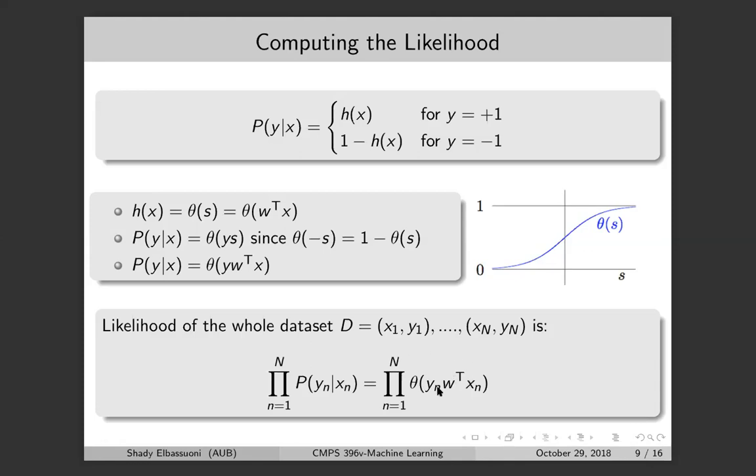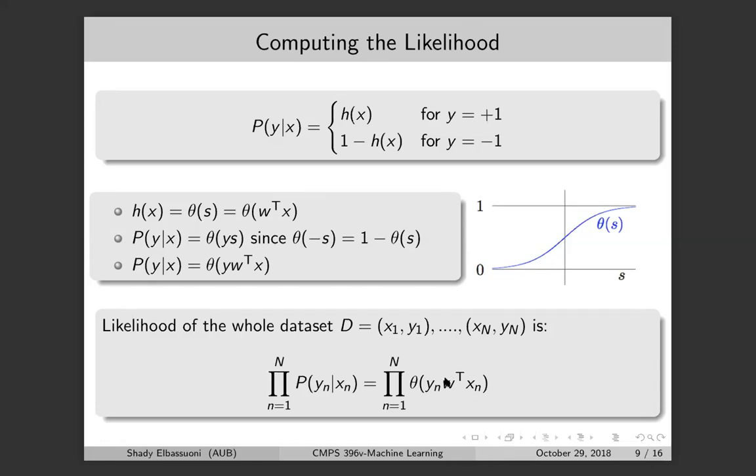Now, given particular weights, so some W, I want to see the likelihood of this W generating the data set, over the whole data set. Ideally, if the weights are good, I should get this theta yn W transpose xn to be very high, close to 1 for all the positive instances, and very small, close to 0 for all the negative instances. That's what makes this W good.